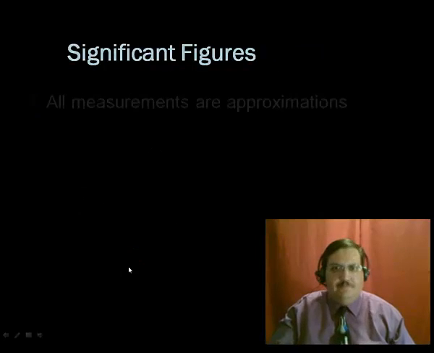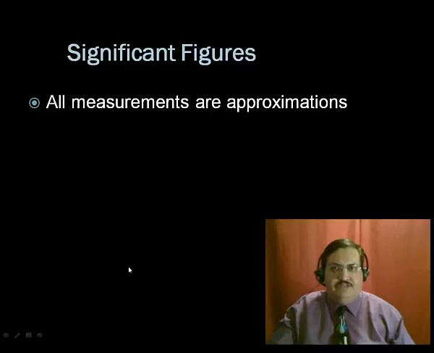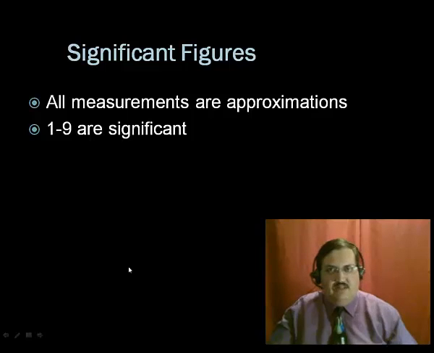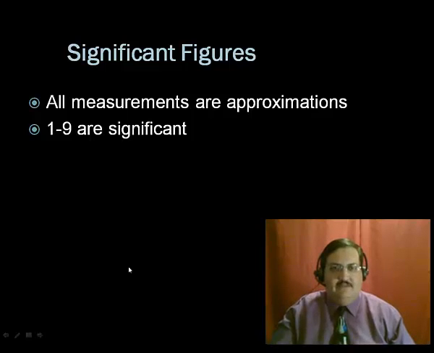Quick review. All measurements are approximations. This is why we use significant figures. We use significant figures with anything that is measured and anything that's calculated. When counting significant figures, 1 through 9 are significant, all non-zero integers.